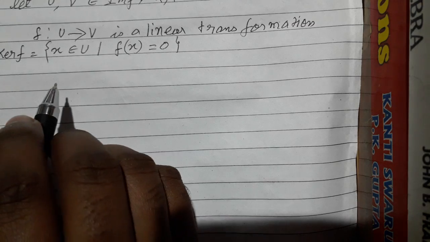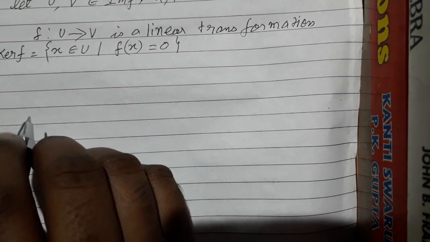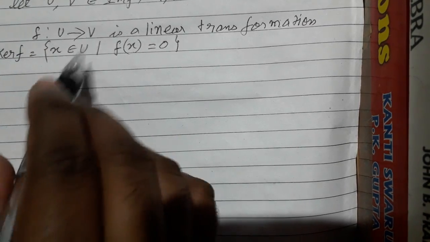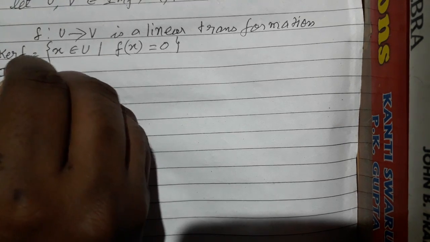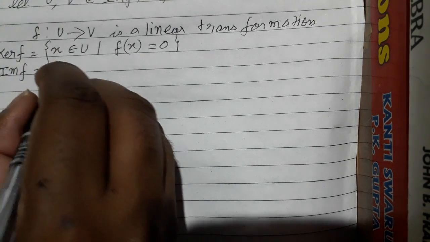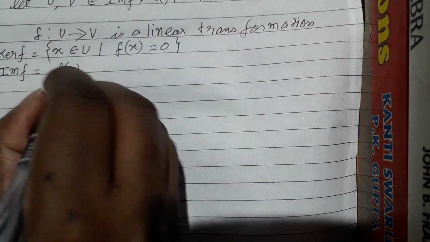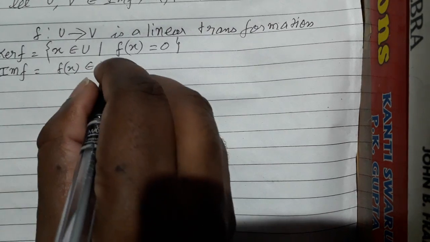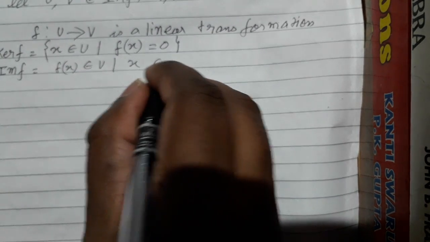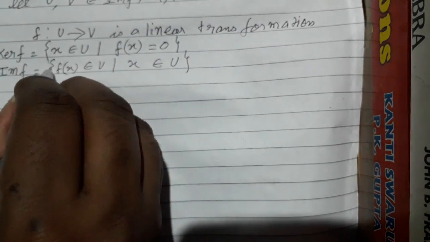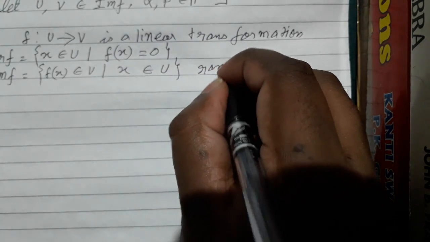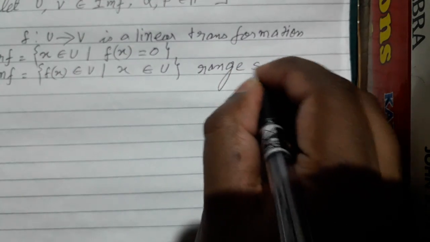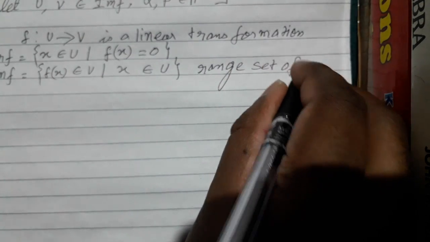That is the kernel of F. Now the image of F: I'm taking those elements f of x from V such that x belongs to U, and this image is also called the range set of F.